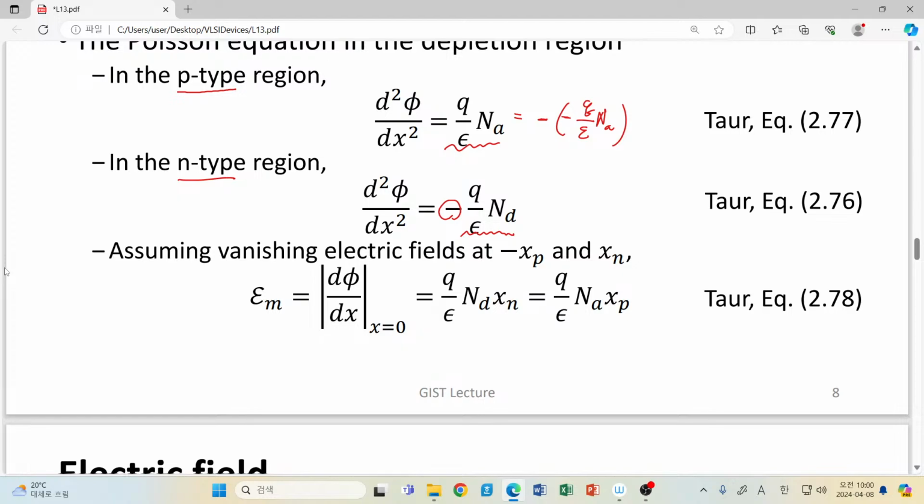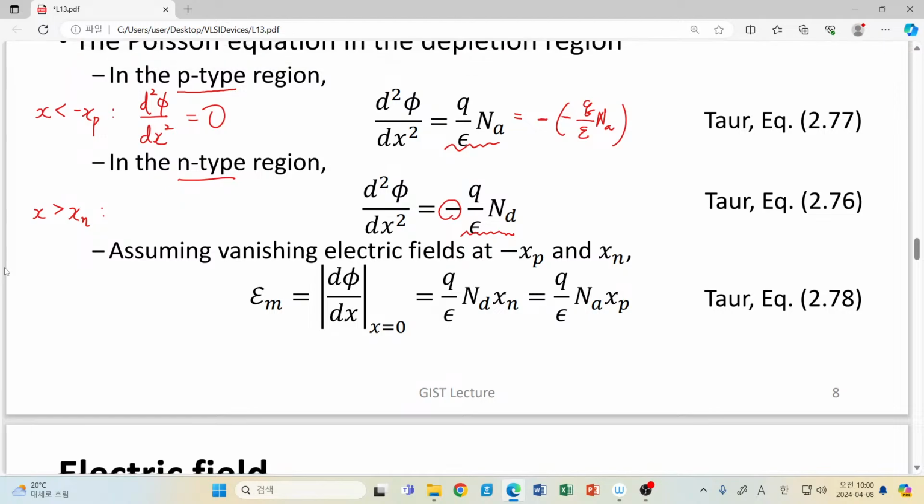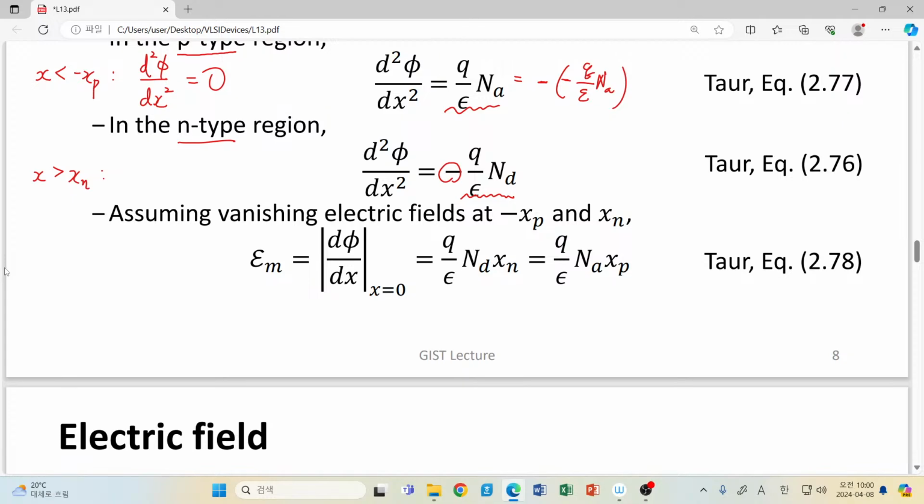Although I have not explicitly written it on this slide, here we have a certain range, like x lower than minus xp, or x larger than xn. In these cases, our equation simply takes the form like this: the second derivative of our electrostatic potential should vanish.